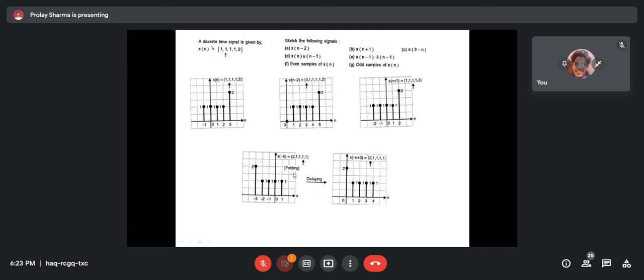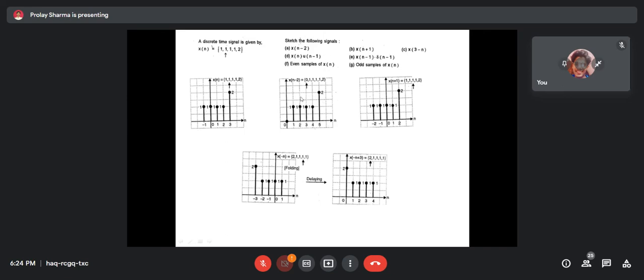Now let's see some operations on the signal. Suppose we have this discrete signal 1, 1, 1, 1, 2 and the origin lies here. Now if we perform this kind of operation, let's see how the signal will look. So x(n minus 2), we have studied this operation, is called the delay operation.